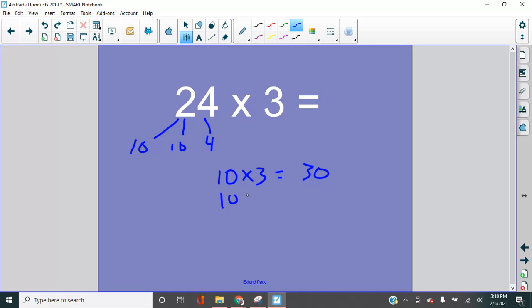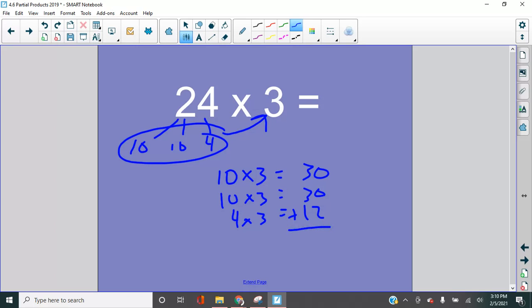And another 10 times 3 equals another 30. And 4 times 3 equals 12. Okay, so notice I took each one of my parts and I multiplied it times the other factor. Okay, I can add those up and get 72. So 72 is our answer here.